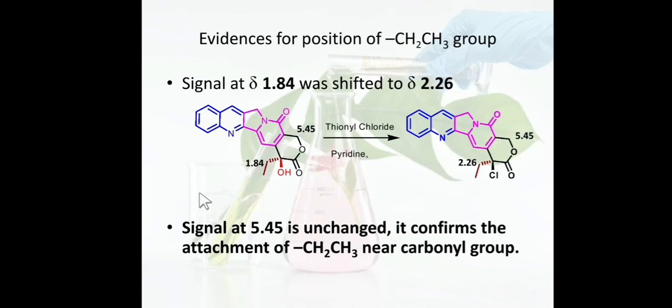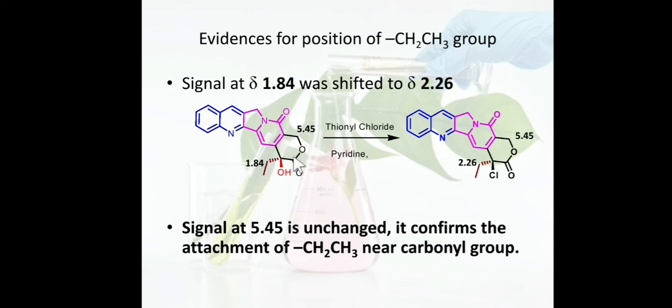So friends, again let's go for some chemical evidences to identify whether this CH2CH3 group is present in the molecule. Let's see whether this OH group is attached to the carbon which is attached to the CH2CH3 group. If we take the H1 NMR of normal camptothecin, the CH2 appears at 1.84.